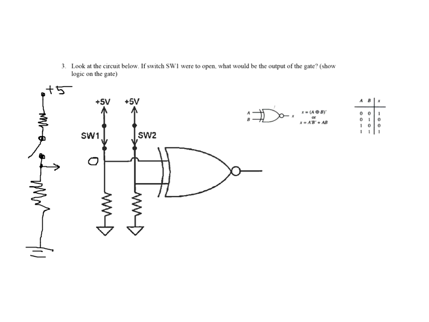But they don't say anything about switch 2, so it must be remaining closed. If switch 2 is closed, that means I have a 1 right here. So into my exclusive NOR, I have a 0 and a 1. That's going to be a 0 on the output. Okay. Any questions on that?